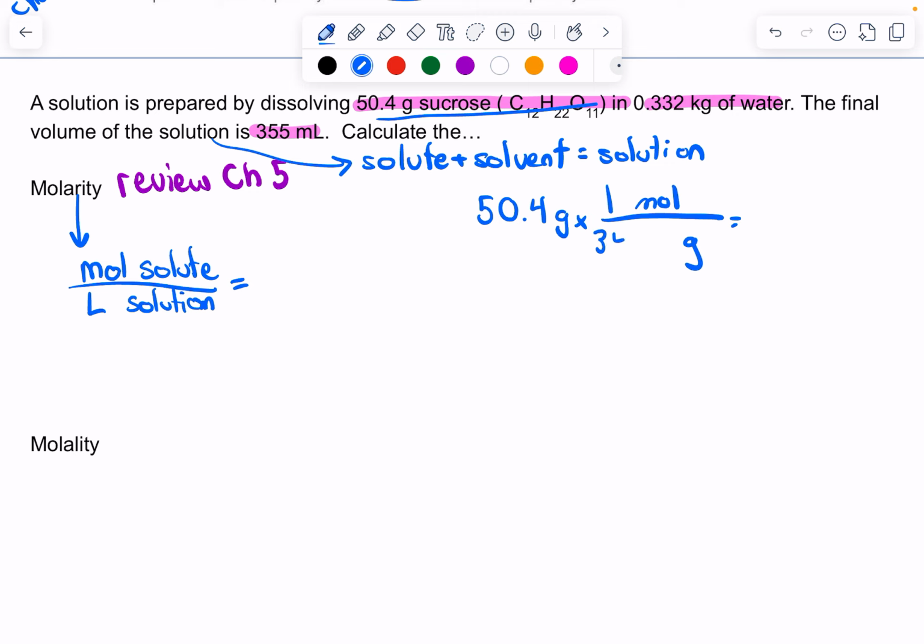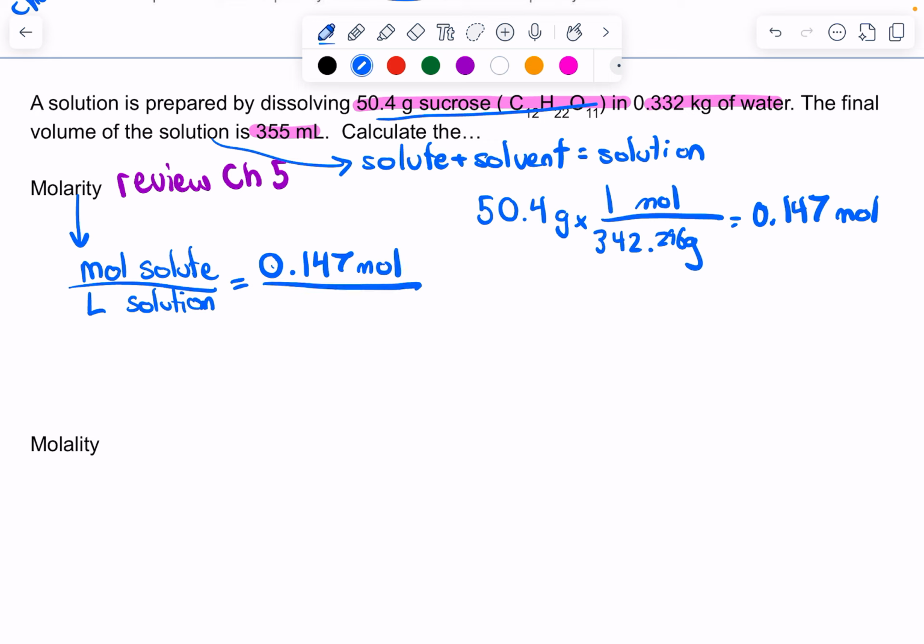So 342.296 grams. So 50.4 divided by 342.296 gives me 0.147 moles of sucrose. So now I can put that in at the top, 0.147 moles of the solute.